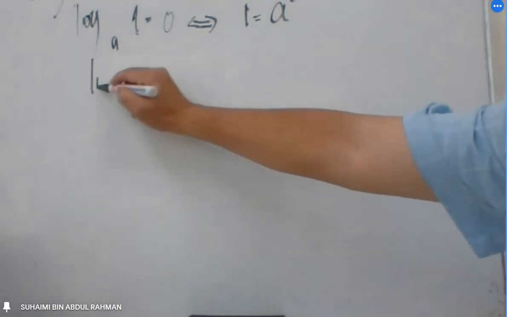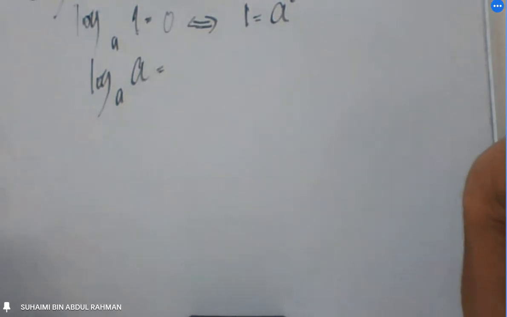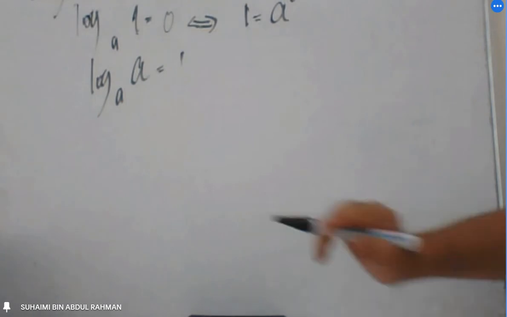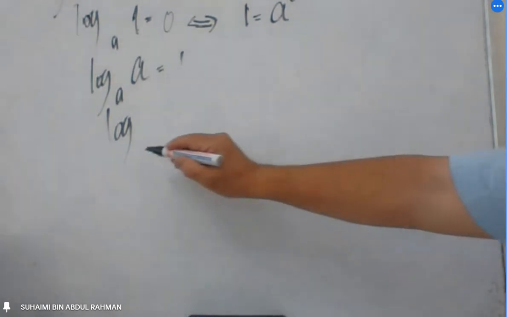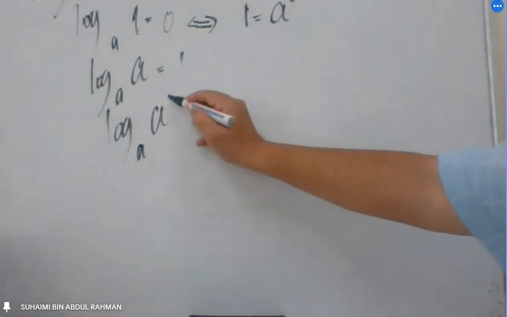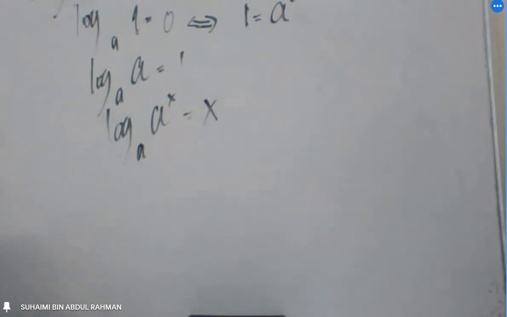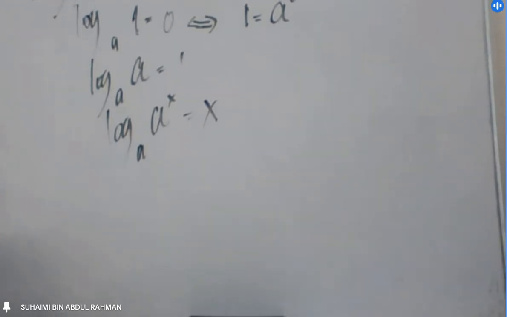Log a 1 equals 0. And also we have log a of a to the power of x. This is equal to x. You will see later, when we use the laws of logarithms, one of the laws.